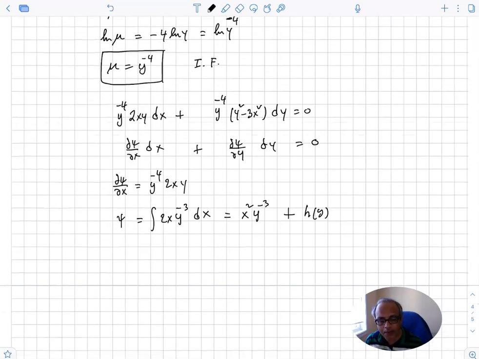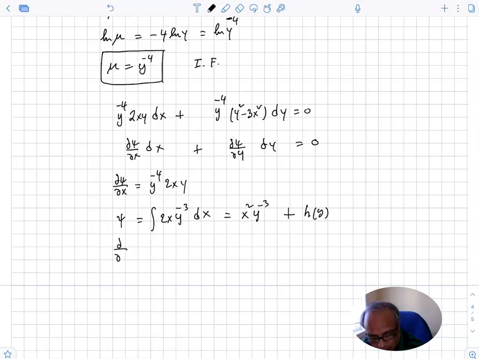Now you compare this psi with this, and you see that the derivative of psi with respect to y must be equal to the coefficient of dy.